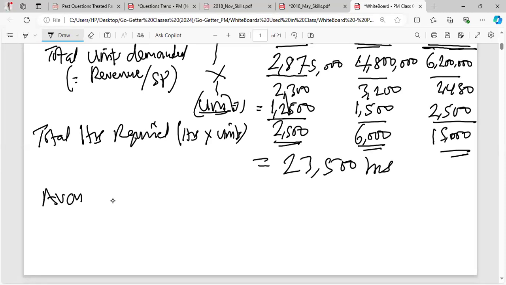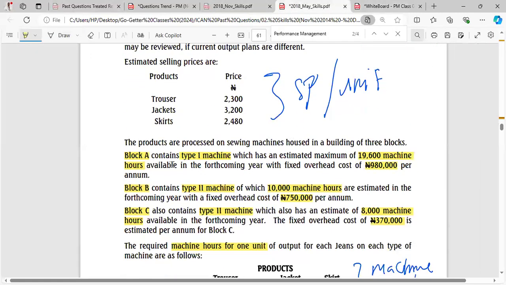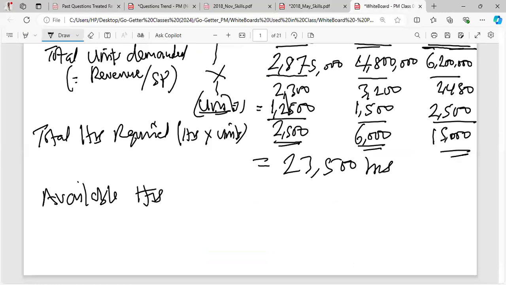Then we will now say available hours. Available hours. You will go to the question to see how many hours is available. 19,600 hours is available. So this is what you require. This is what is available, and you have a shortage.